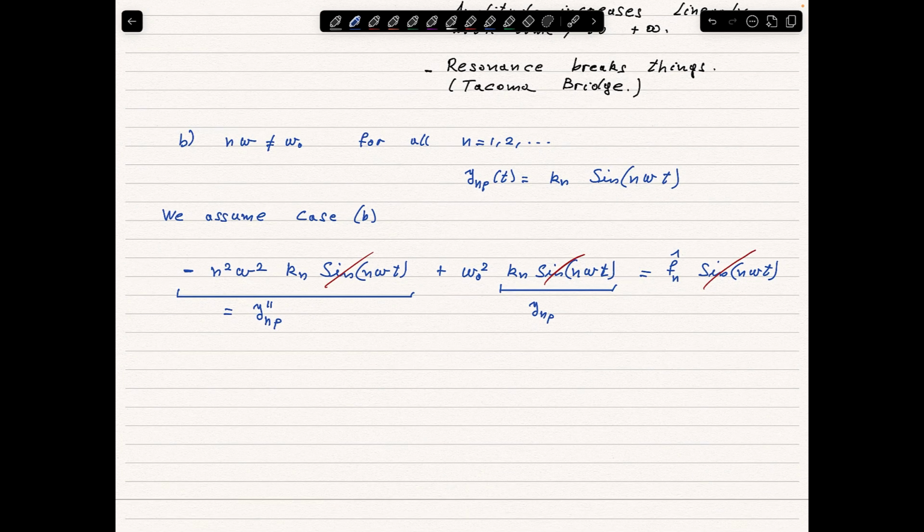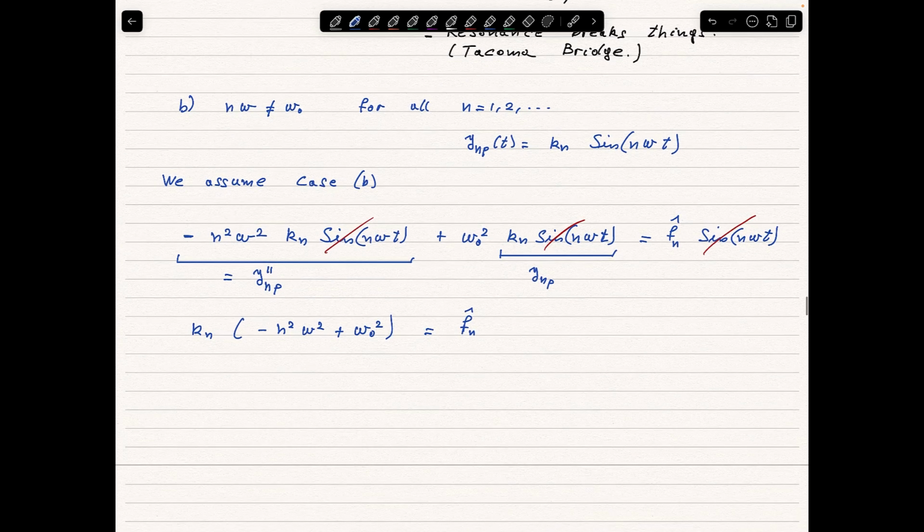Then we can pull common factor kn, and then we are going to have minus n squared omega squared plus omega 0 squared, and all that has to be equal to this constant that comes from the force. So we obtained the undetermined coefficient.